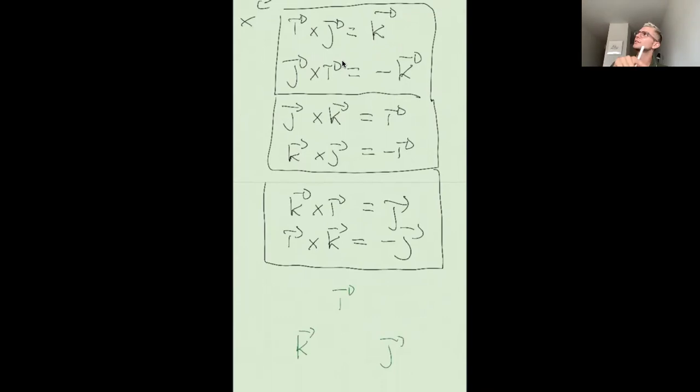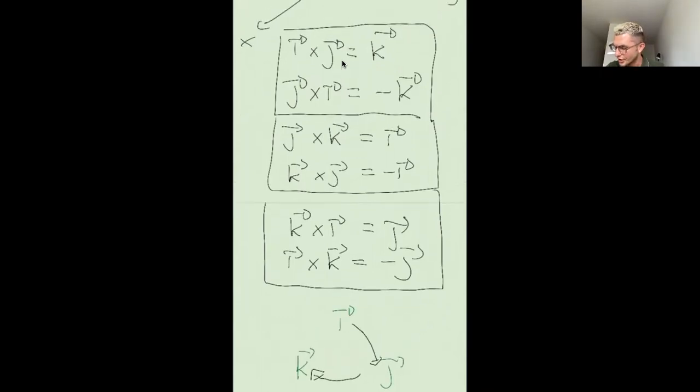You write them in what's called a cyclic order, which just means that if you go from i to j in the cross product, you get k. If you go from j to k, you get i. And if you go from k to i, you get j.